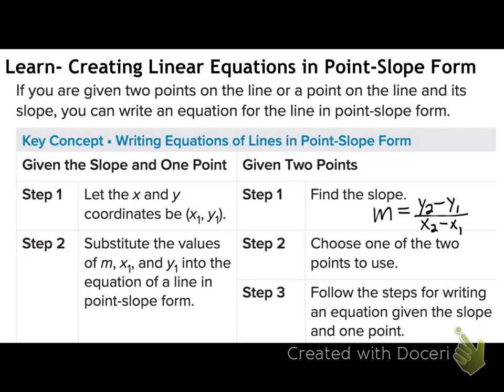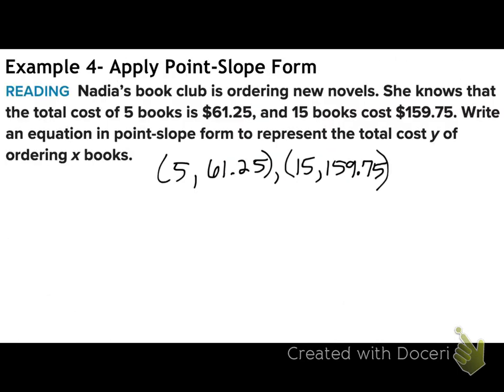I'm just going to go through this process again. Find the slope, choose one of the 2 points to use, follow the steps from the previous method. Okay? We okay with that? Yes, sir. So, let's find the slope.